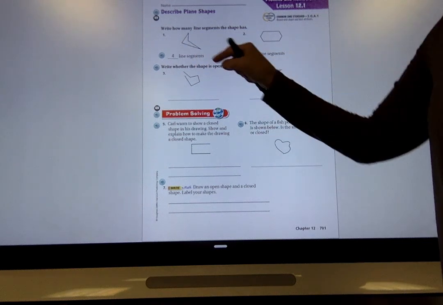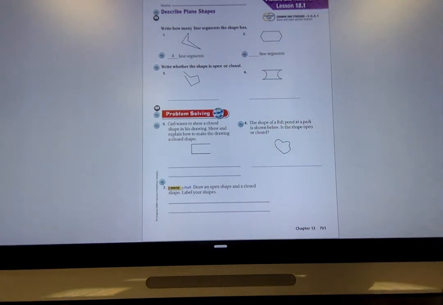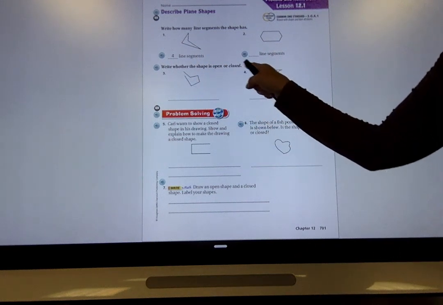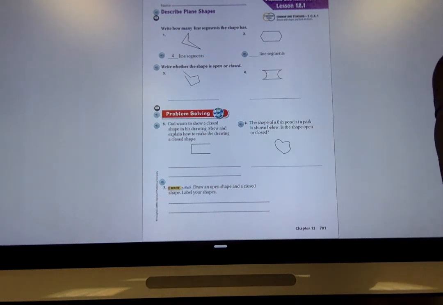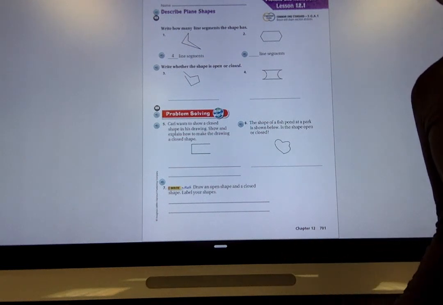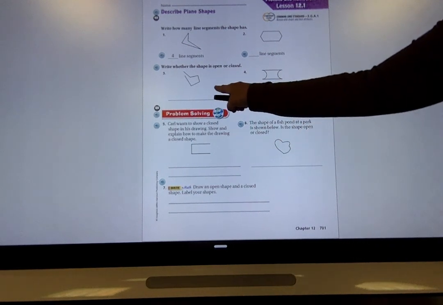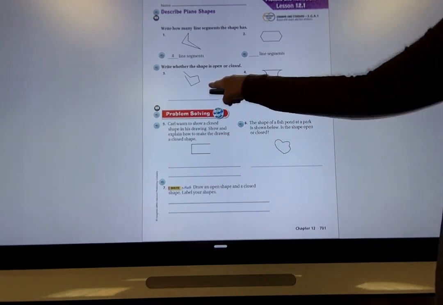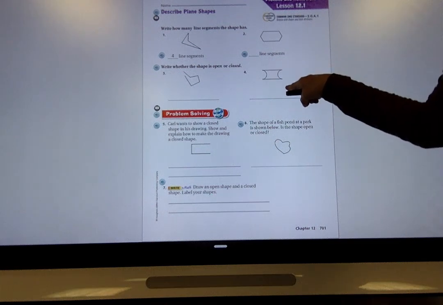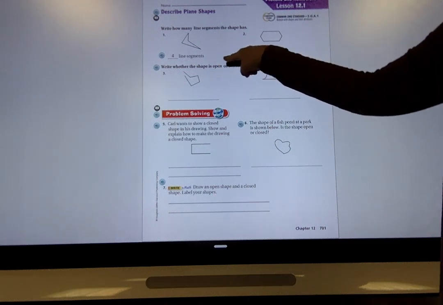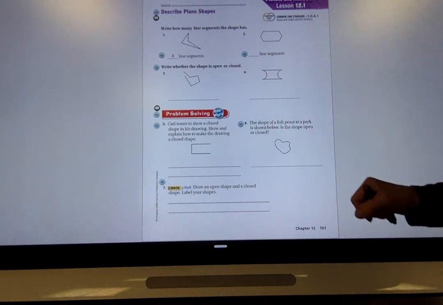They did this one for us. You do number 2 on your own. Number 3 and 4, you tell whether the shape is open or closed. That is not a yes or no question. You need to write that it's opened or closed. Open, closed. You choose one of these words to describe.